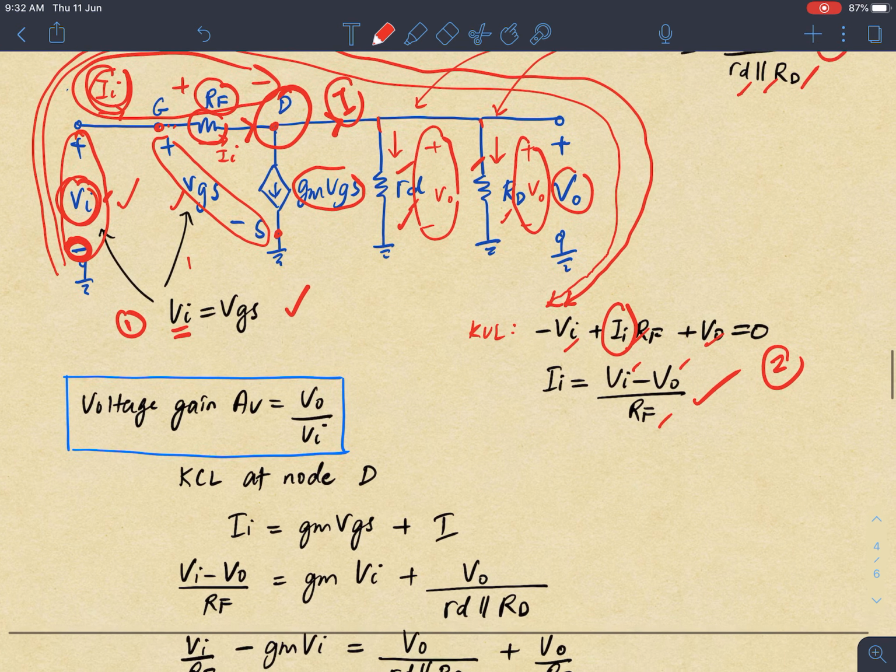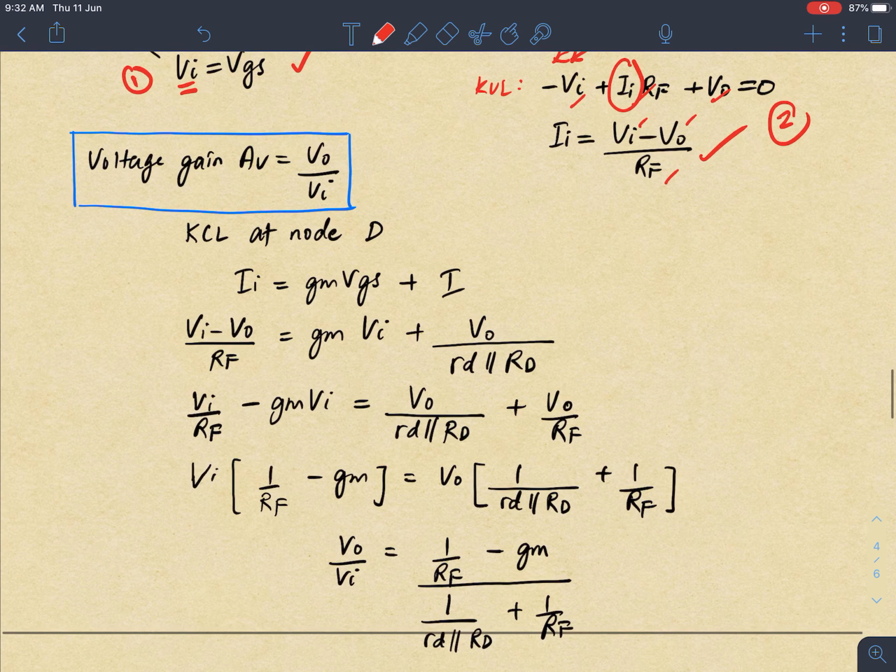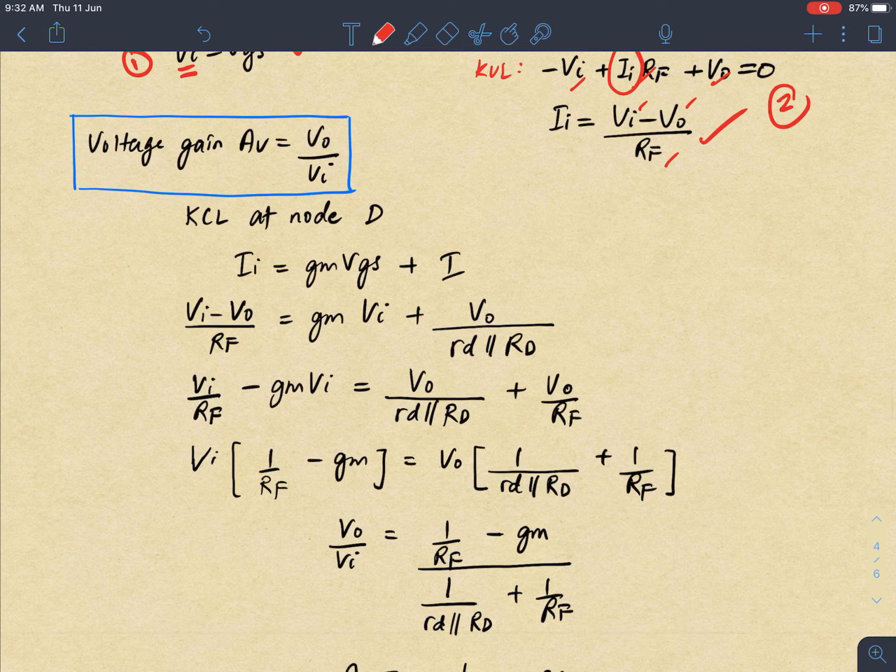Then we already have these three. We continue with the AV now. We know AV is V out divided by V in. Previously in fixed bias, self bias or voltage divider, normally we find them one by one from V out and from V in.